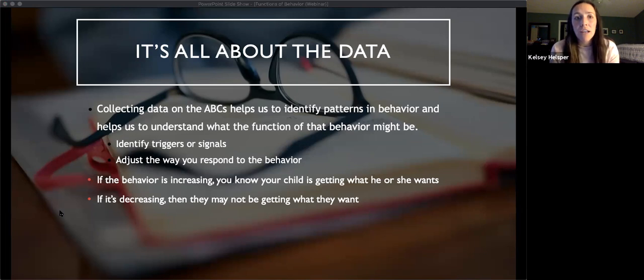For example, let's say your child has trouble with loud noises, and the school is about to do a fire drill where the alarm is going to go off. Then your child is likely going to engage in some challenging behavior because they hear that loud noise. So if you can identify that the fire alarm is a trigger, or just any loud noise in general is a trigger, then the next time that you know something like that could happen, you could try to anticipate it and be proactive about the way you deal with it.